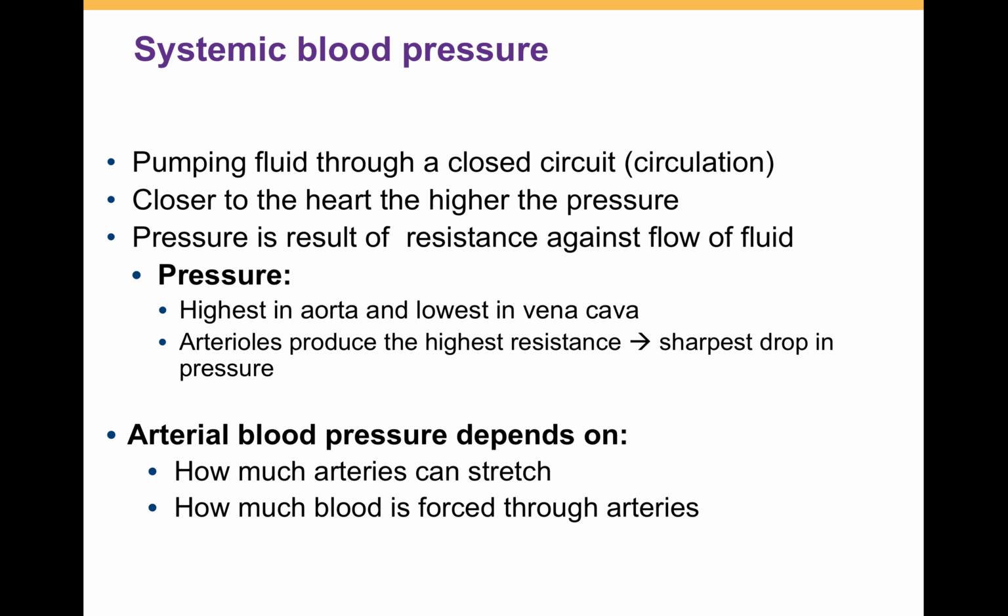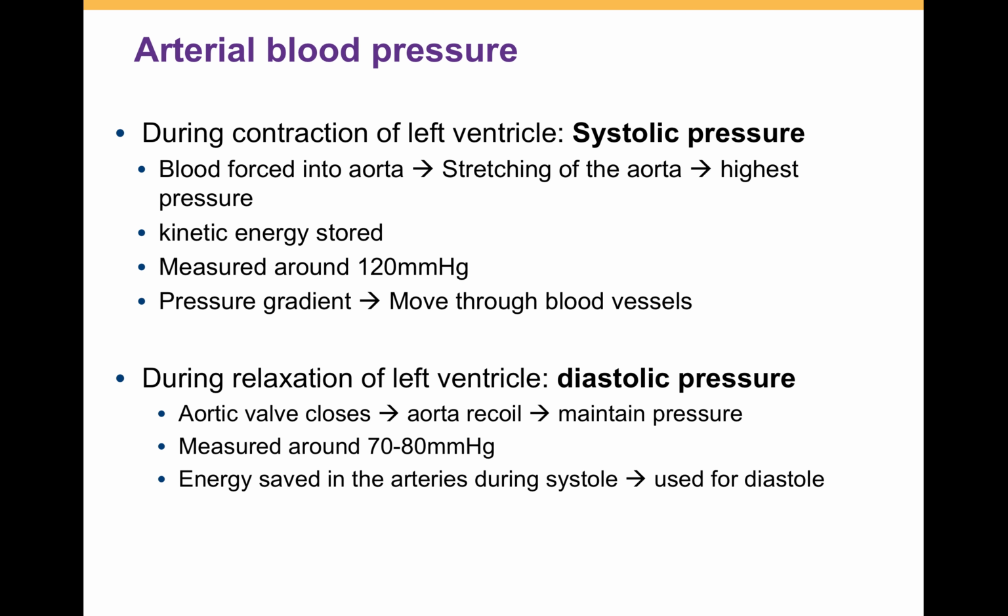Now, since we are focusing in this PowerPoint on systemic circulation and systemic blood pressure, we're going to switch gears and talk about the type of blood pressure associated with systemic circulation. Now, if you have ever gone to the doctor, what you have noticed is that when they do your blood pressure, you will get two numbers.